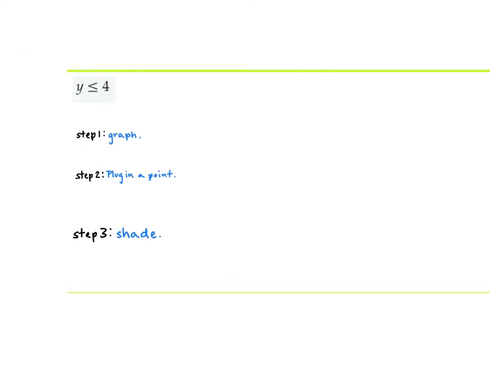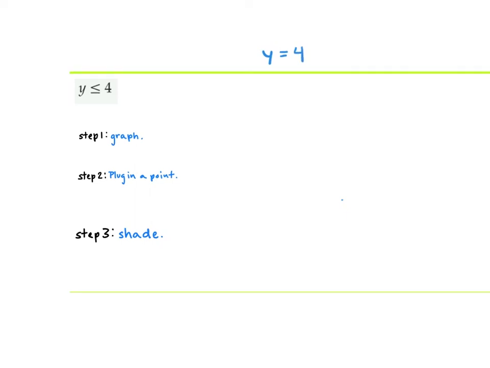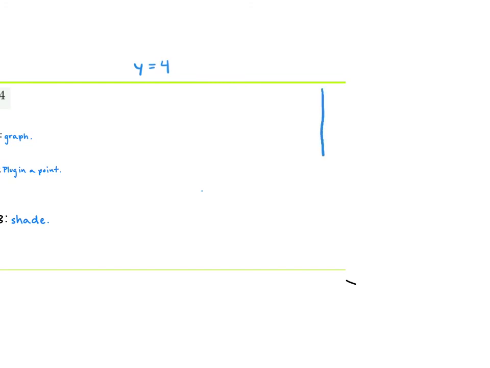Okay. This one is our last example for today. So we have y is less than or equal to 4. So we're going to graph y is equal to 4. Is this already in slope-intercept form?